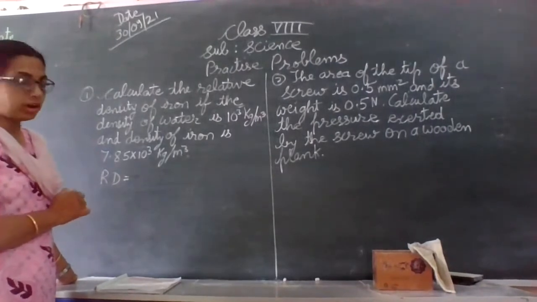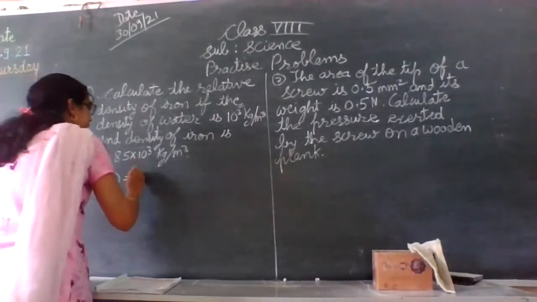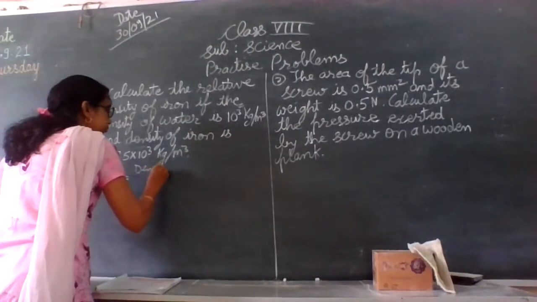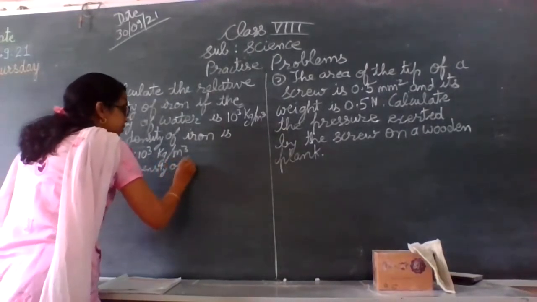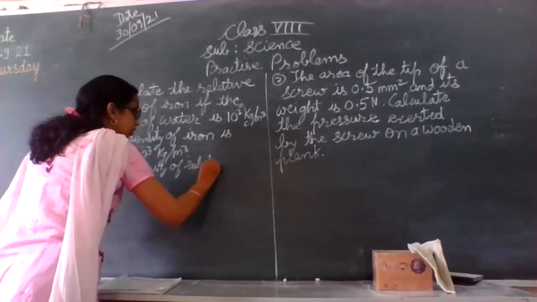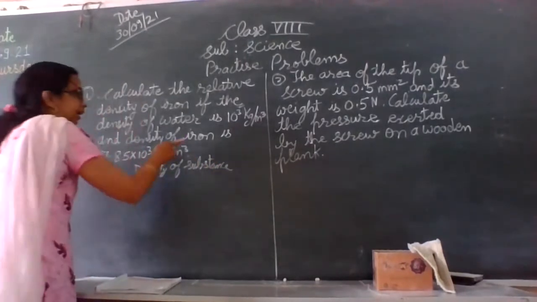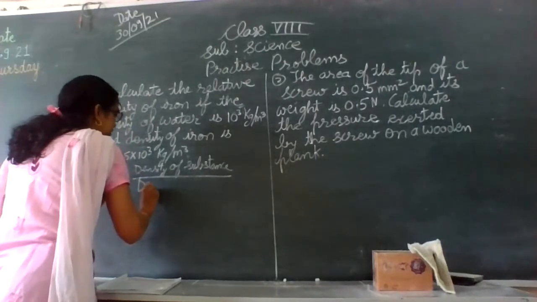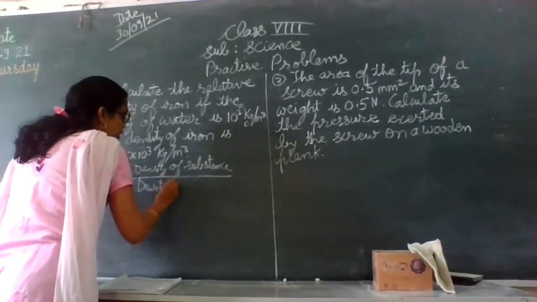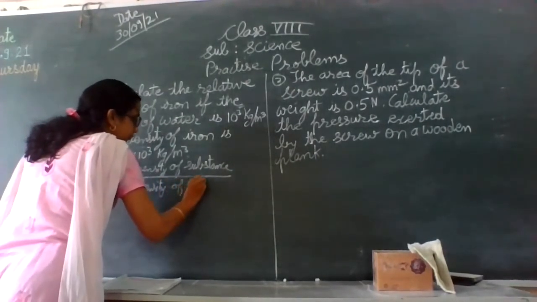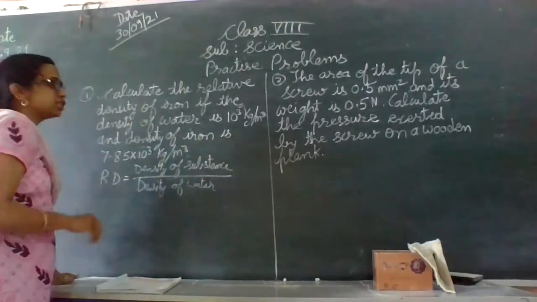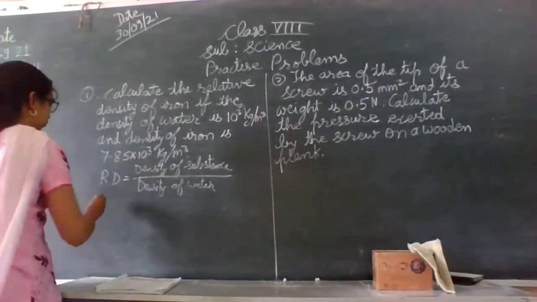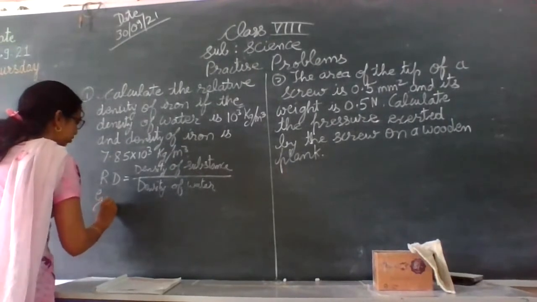So the formula for relative density is density of substance, here we are going to take iron, divided by density of water. So as per the problem, what all things are given?